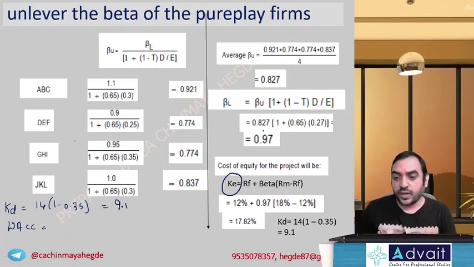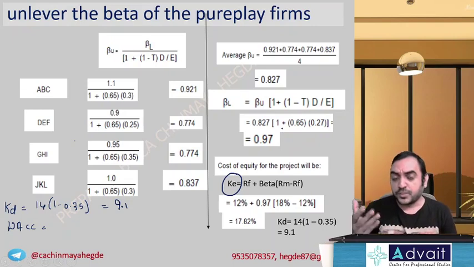How did we calculate 0.97? In the calculator, 0.65 into debt equity ratio 0.27, then add 1, then you do into 0.827, you get the answer.